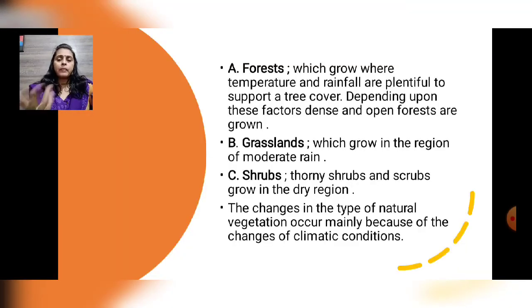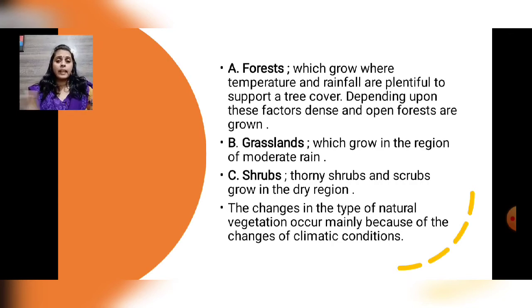As I told you, the first category is the forest, the second is the grassland, and the third is the shrubs. Let's see the definition. What do you mean by forest? Forests grow where temperature and rainfall are plentiful to support a tree cover. Depending upon these factors, dense and open forests are grown.